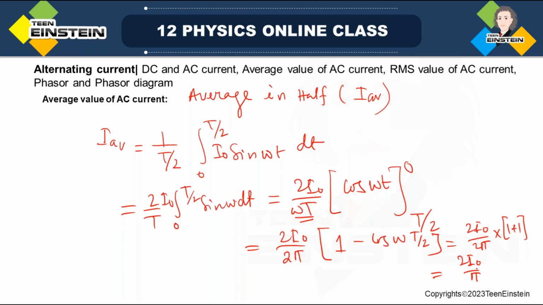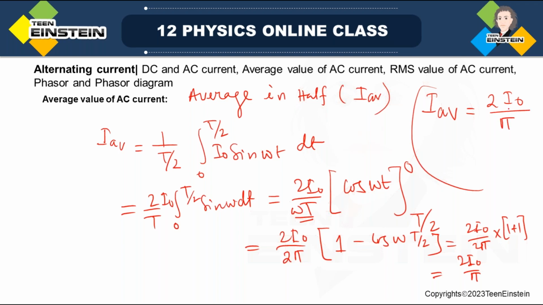Look at this point. The average value in case of AC we generally take in half cycle. In half cycle, the average value of current or voltage or any AC signal, I average, is actually 2I0 by pi in case of current.